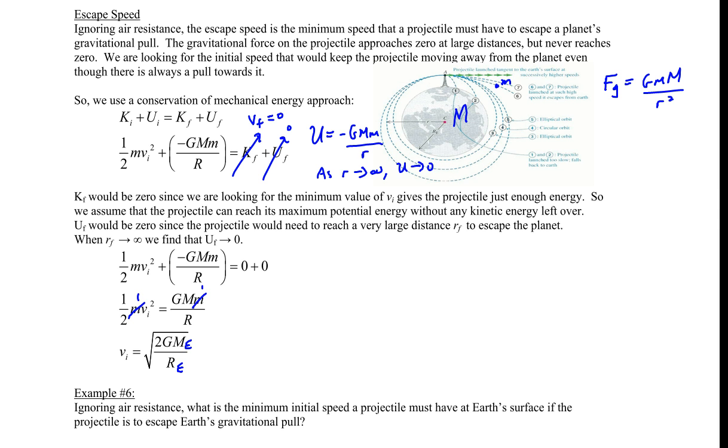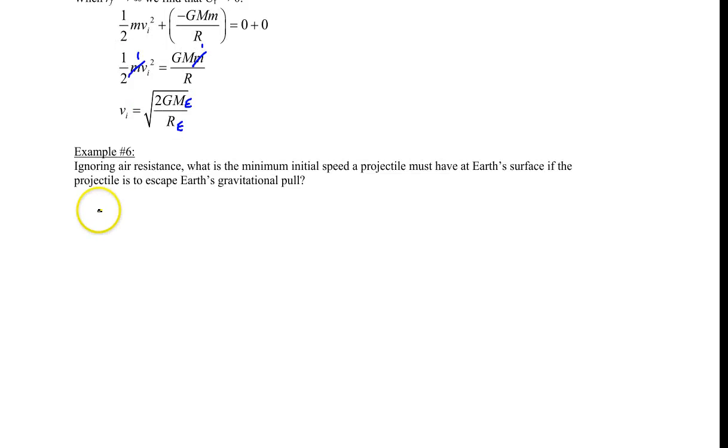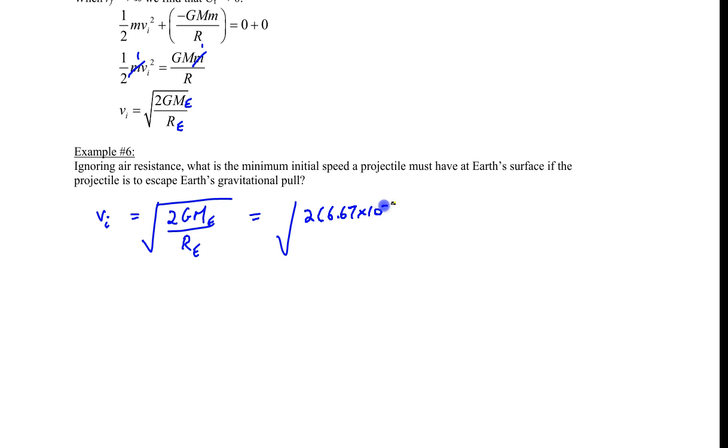Okay, let's go ahead and calculate the escape velocity for the Earth in example number 6. The escape velocity for the Earth would be the root of 2GM all over r. We need to know two things here: the mass of the Earth and, of course, the gravitational constant.